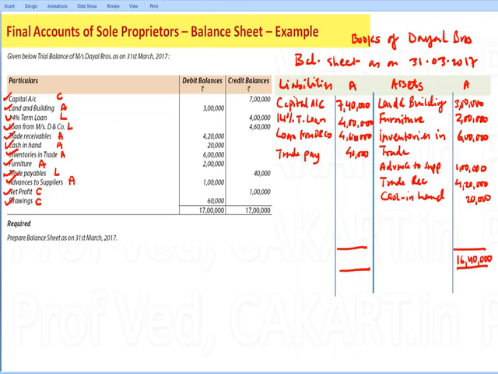This side, let us have a look. Okay, so it is 40 plus 60 plus 40. So we are starting well. So we have 40,000 here, but from there 1 will go this side. So 1 plus 7 is 8. 8 plus 8 is 16. Awesome. So 16 lakh 40,000 on capital plus liability, 16 lakh 40,000 on the asset side. Awesome. That's it. As easy as it can be, class.